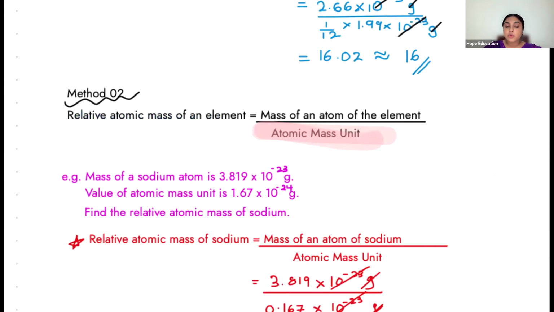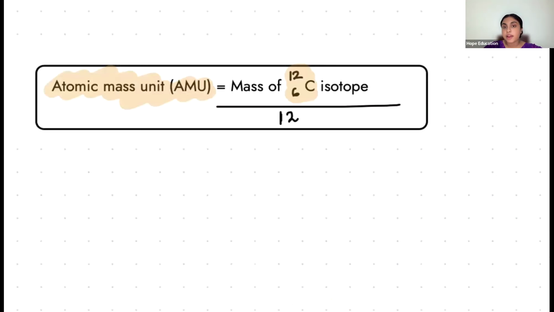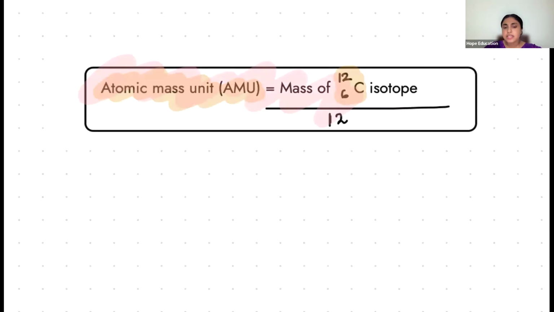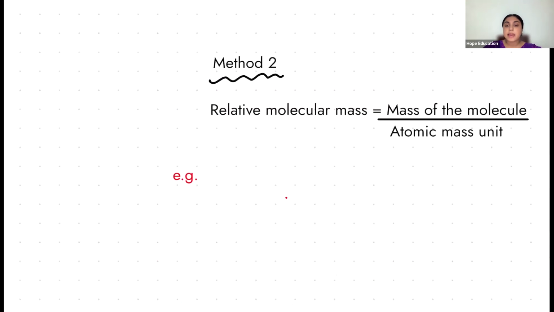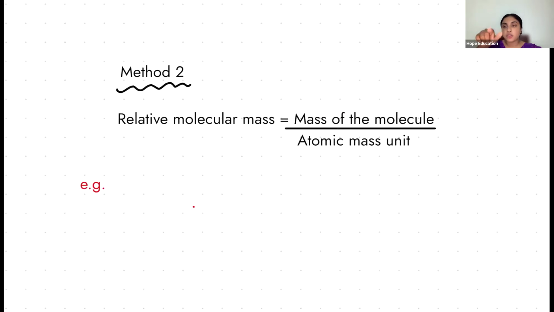Because atomic mass unit is equal to mass of carbon-12 isotope divided by 12. Is that clear, Sashili? Just like that, relative molecular mass is mass of the molecule divided by 1/12 of mass of carbon-12 isotope. But mass of carbon-12 isotope divided by 12 is the same thing as atomic mass unit, so I can write atomic mass unit directly.